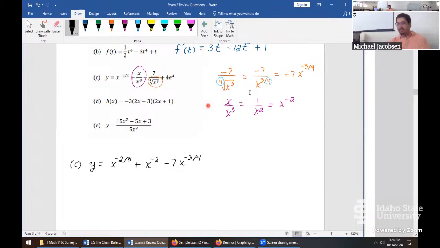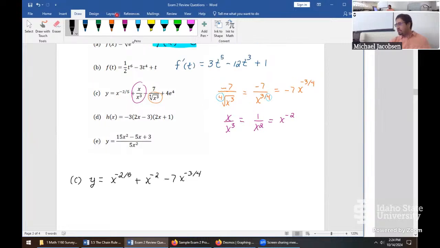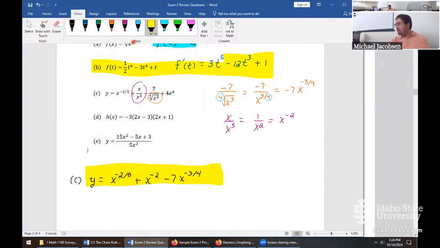So the reason we did all of that work is this function is horrible to differentiate in the given format. But once we put it into this format, it's like what we did in part B. We're just going to go left to right, term by term differentiation. So that's always the strategy. If you see something like this, where things can potentially simplify, it's always worth the effort of making those simplifications happen.